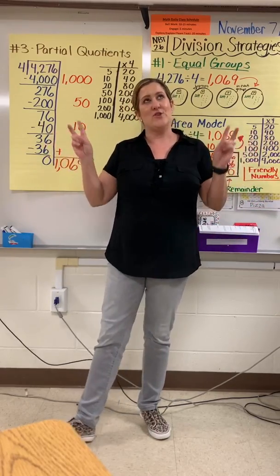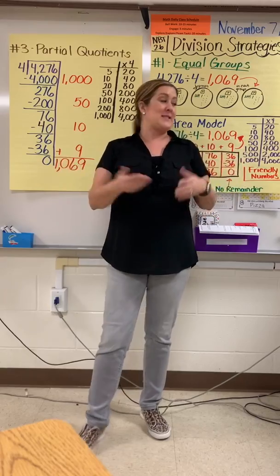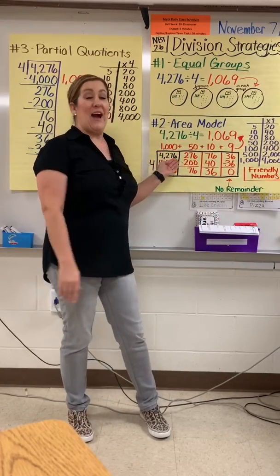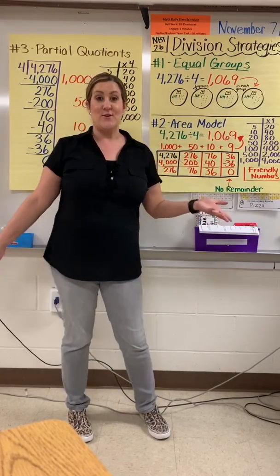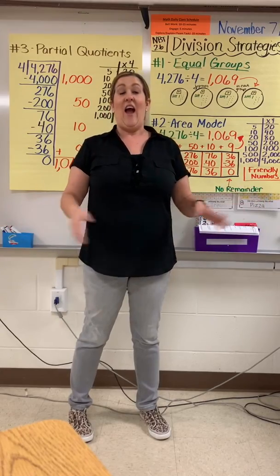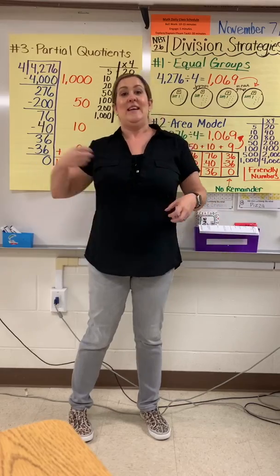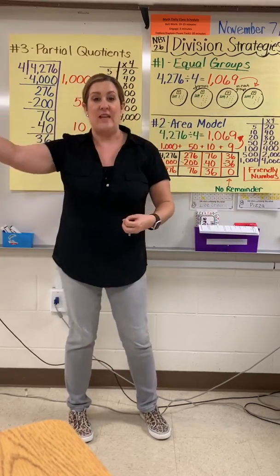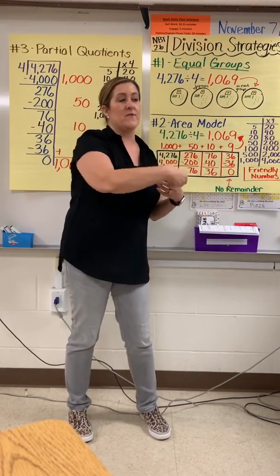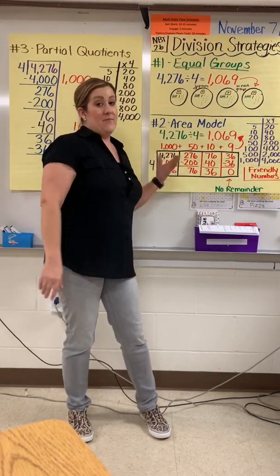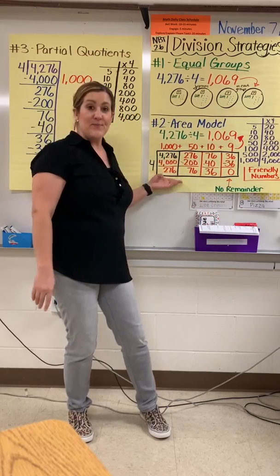So I taught them a trick-or-treating story and said, 4 students came to my house and I have 4,276 pieces of candy. I'm gonna give you all my candy until it's gone. So I keep reaching into my bucket and giving each of you an amount. And did I give everything away? No, so I'm gonna do it again.